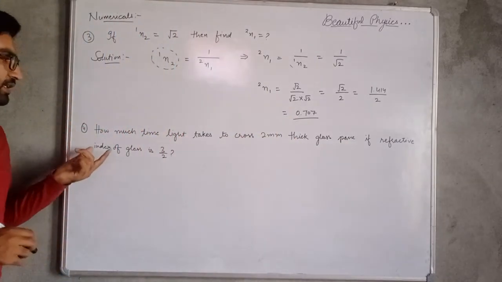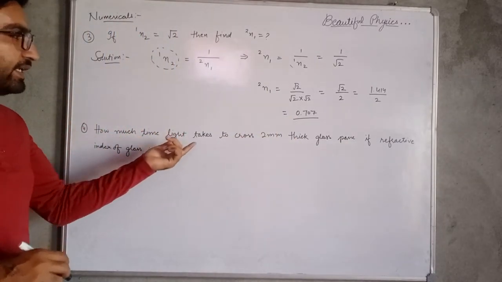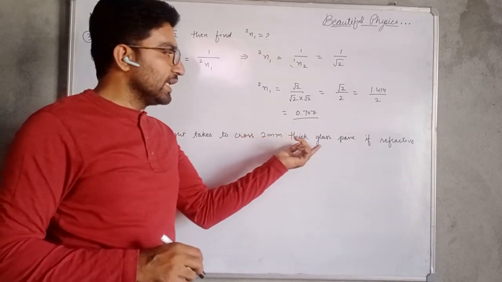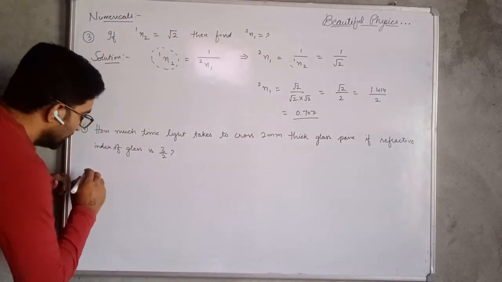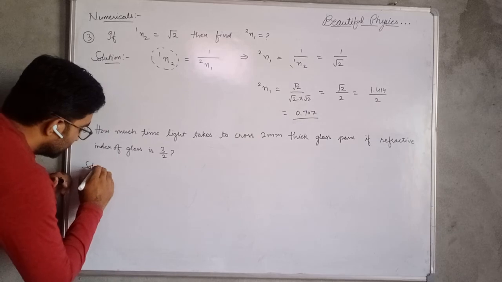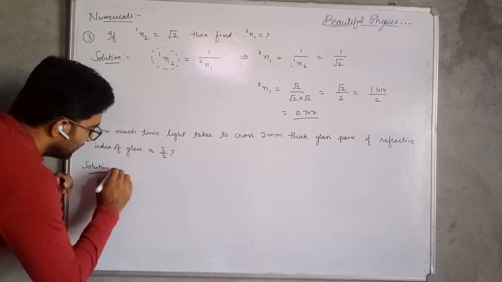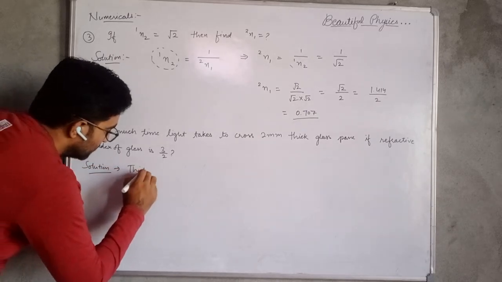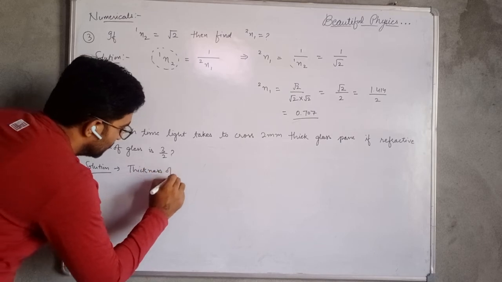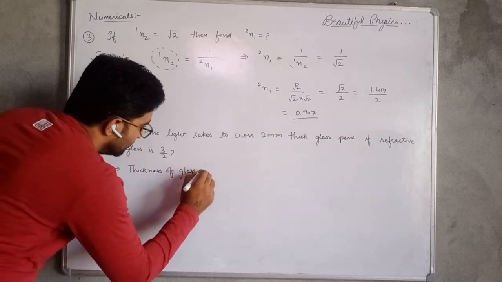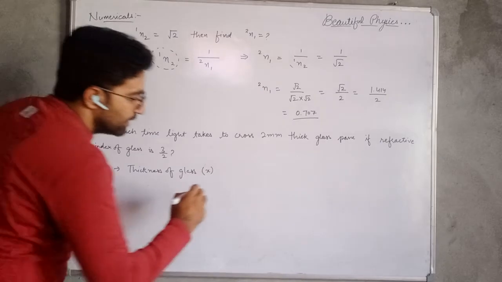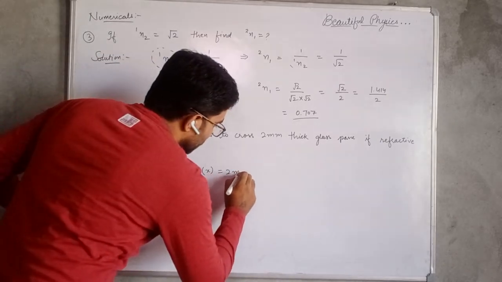In the next question, how much time does light take to cross 2 millimeter thick glass? I am writing the thickness of glass as x. It is 2 millimeter.